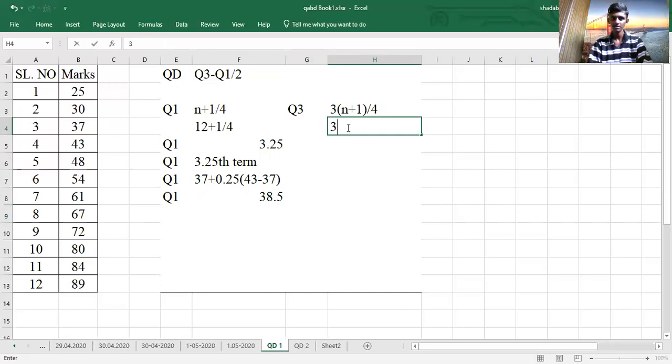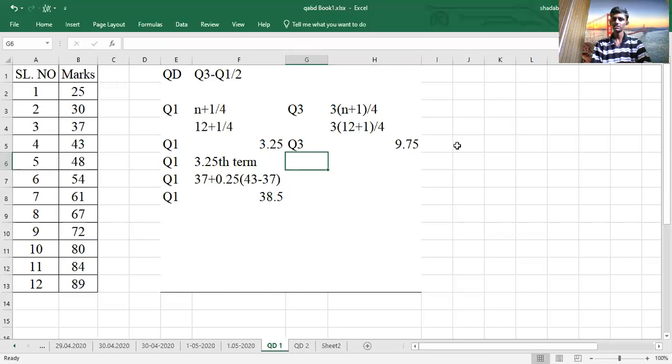So Q3 equals 3 times (12 plus 1), that is 13, divided by 4.